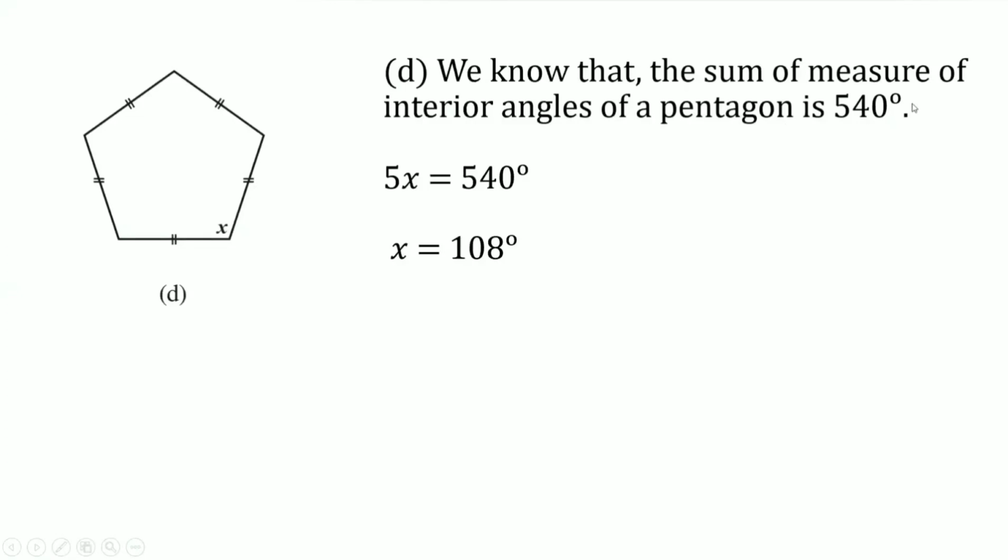The sum of the interior angles of a pentagon, as we have calculated earlier, is 540 degrees. So 5 times x, because there are 5 angles, is equal to 540 degrees. So the measure of each angle, x, is equal to 180.